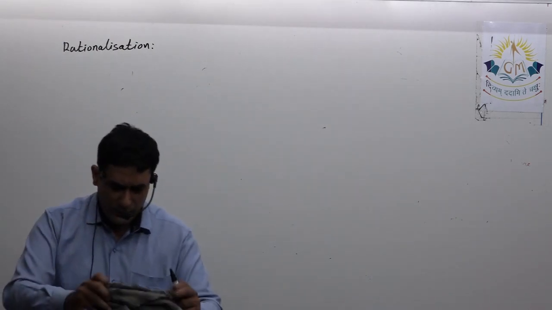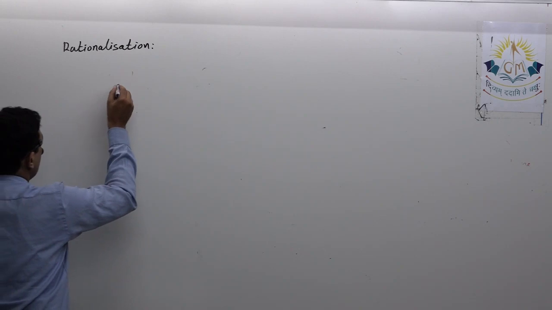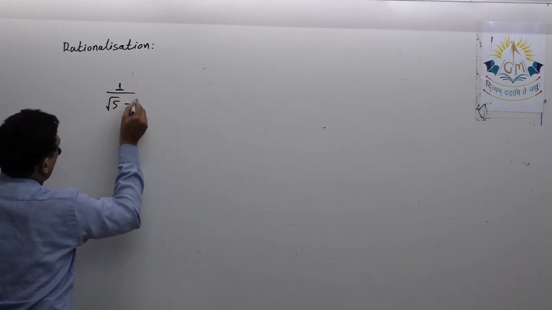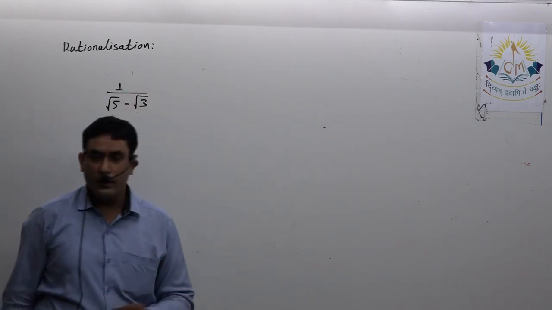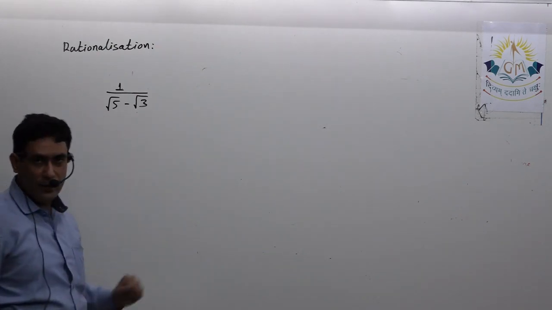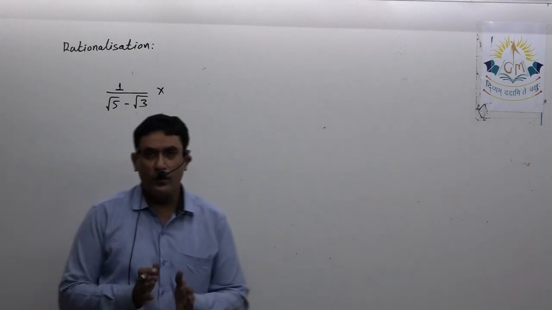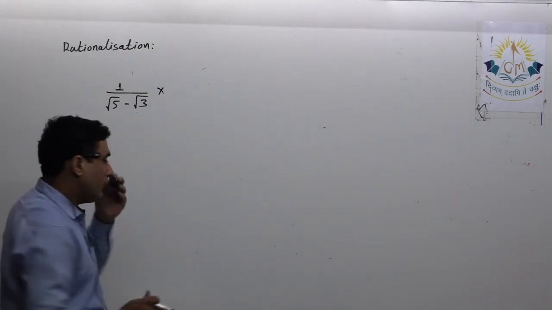Now we'll see some questions related to this. Generally, we get questions like: rationalize the denominator of 1 upon root 3 minus root 2. Another way to ask the same question is: simplify the given expression. Whenever it is asked to simplify, by default we have to make the denominator rational.